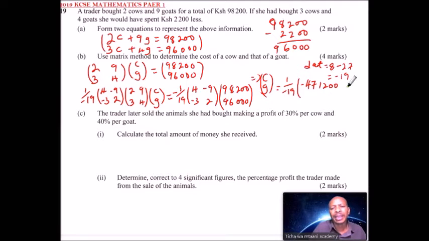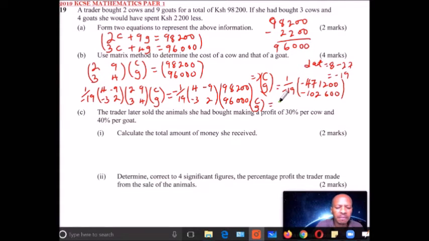You multiply minus 3 times 98,200 plus 2 times 96,000, and that will give you minus 102,600. You know how to multiply a matrix. So when you multiply by 1 over minus 19, you will be able to get C and G.